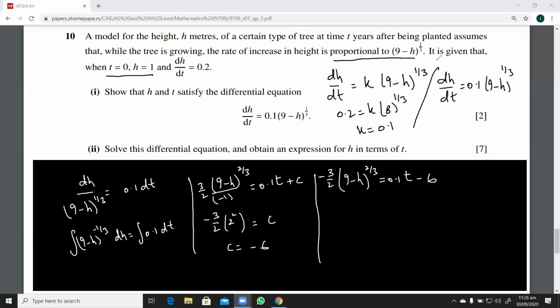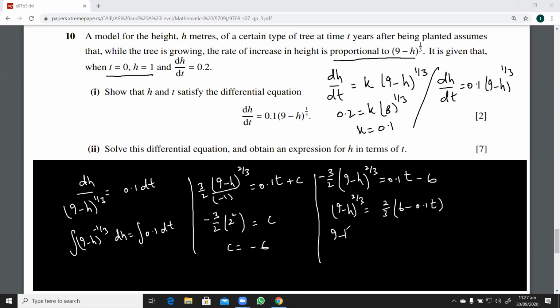Now we have to write h in terms of t. So (9 minus h) raised to power 2 over 3 is going to be 2 over 3 into (6 minus 0.1 t). I have just multiplied both sides by minus, so this becomes 6 minus 0.1 t.